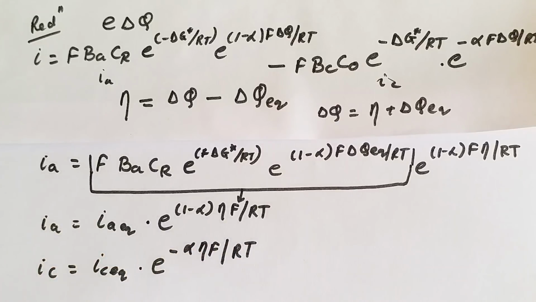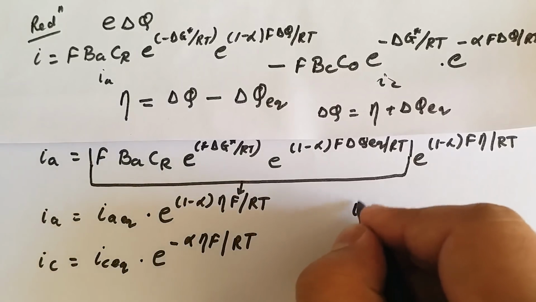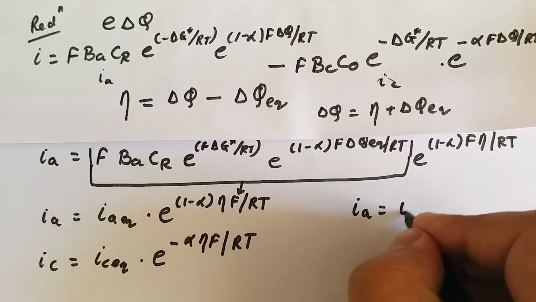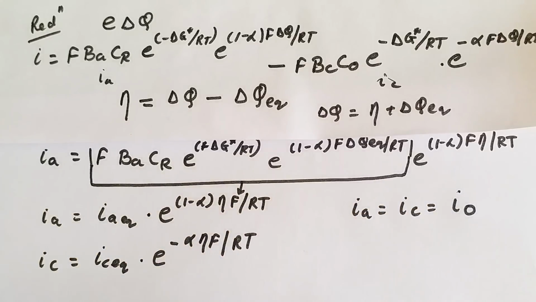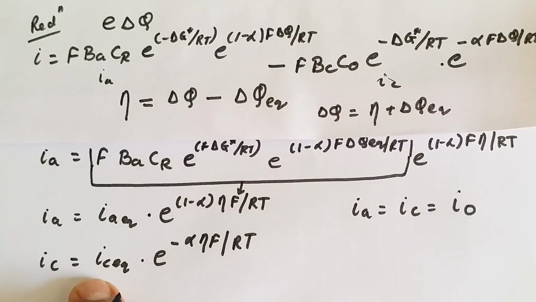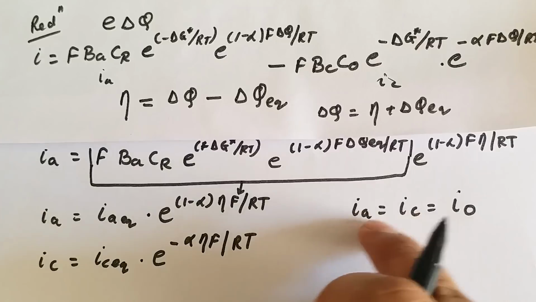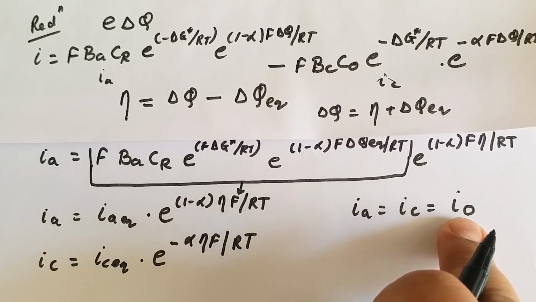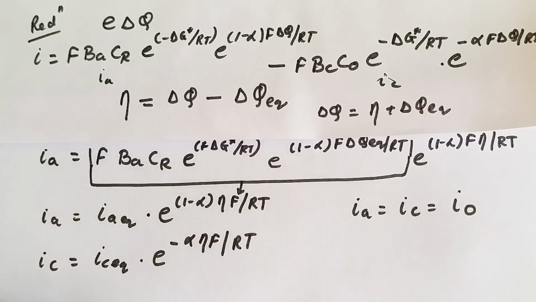We know that under equilibrium condition, our anodic current density is equal to our cathodic current density, and that is equal to the exchange current density i0. So this is our cathodic current density under equilibrium, this is our anodic current density under equilibrium. Both these current densities can be written equal to the exchange current density i0.